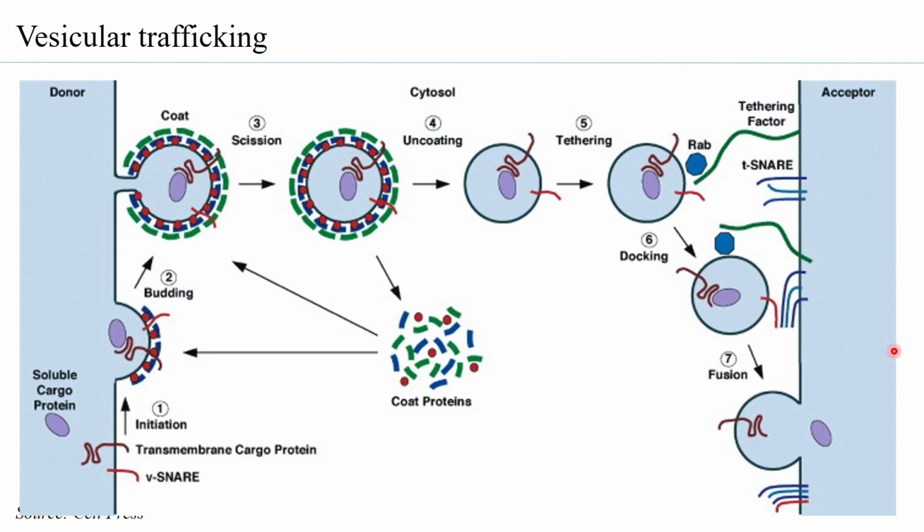So this is vesicular trafficking, and you basically understand that here you have budding off of the vesicle, and here you have fusion of the vesicle with the target membrane. So this is how transport of cargo is carried out through vesicles.